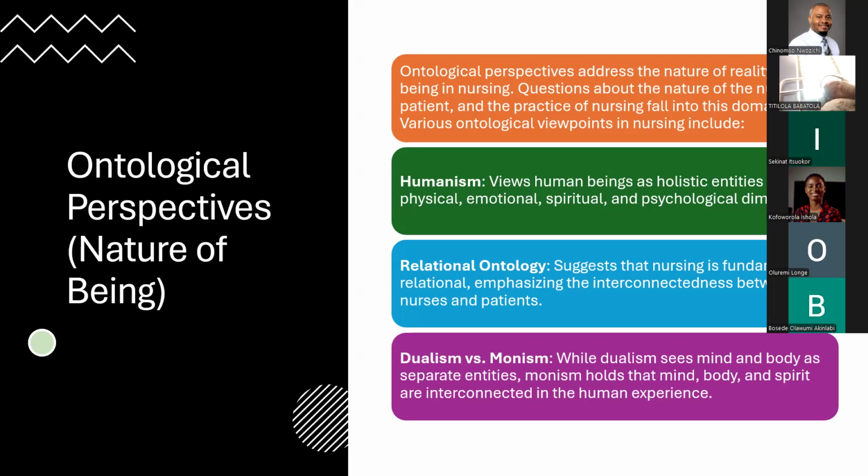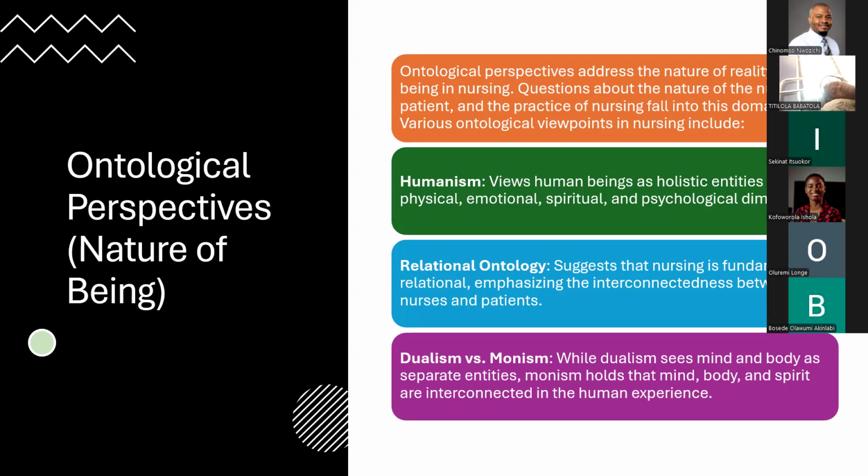In that book, I explored how the different parts of the human being are affected by just a single organ cancer. It is a product of humanism that views a human being as a holistic entity that has multiple dimensions.